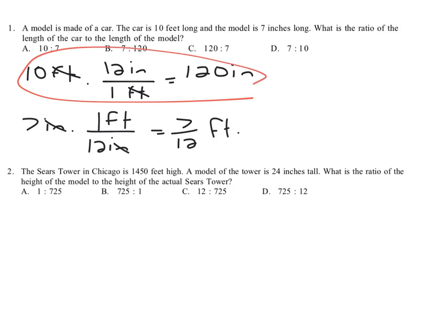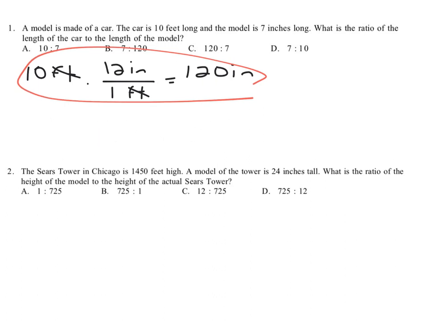Okay, so I'll erase the rest. And then we have inches and inches. The ratio of the length of the car to the length of the model: we did it into inches, and it's 120 inches over 7 inches. And the trick about it being the same units is you can cancel the units out.